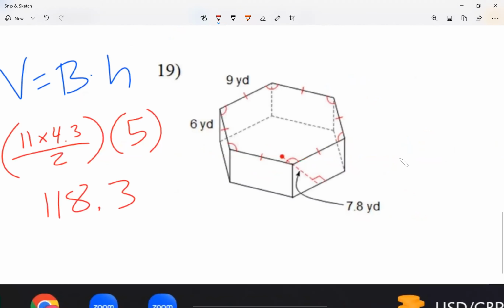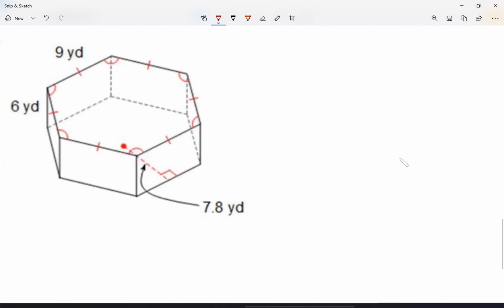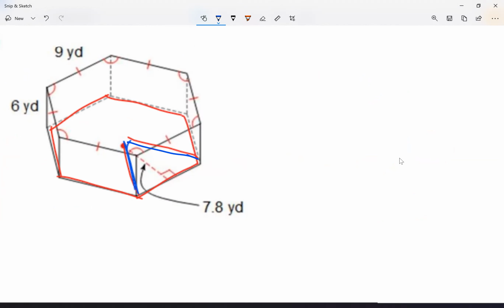Okay, let's take a look at number 19. Can we find a shape that is not a rectangle? Okay, that's a hexagon. Good. Now in the hexagon, let's get a triangle. Matter of fact, let me do this in blue so we can see that triangle I'm looking at. And I'm going to say this measurement outside is 9.